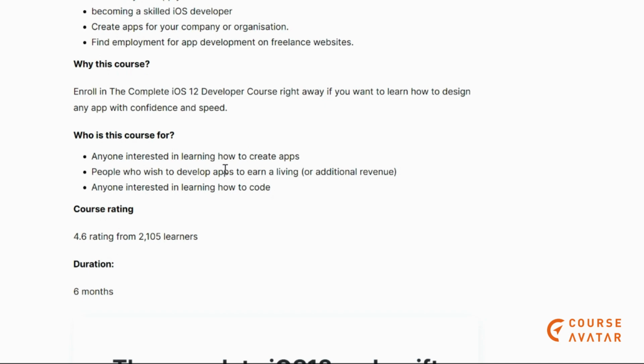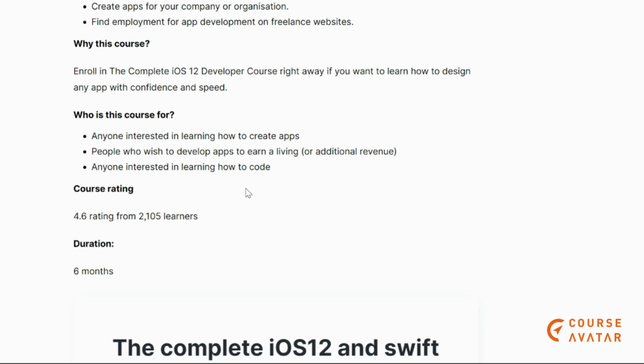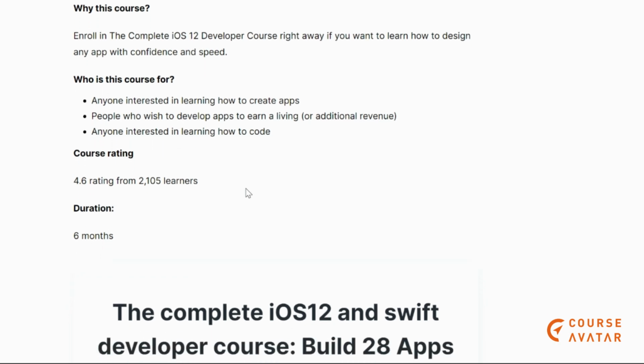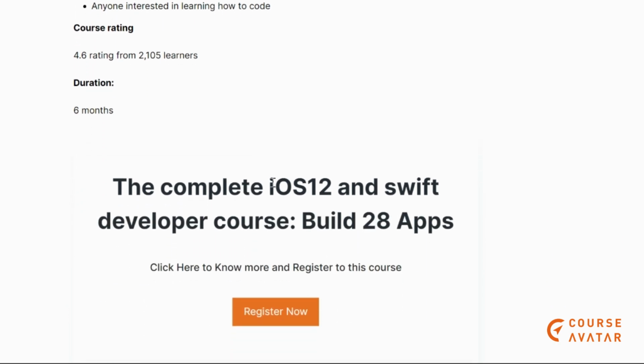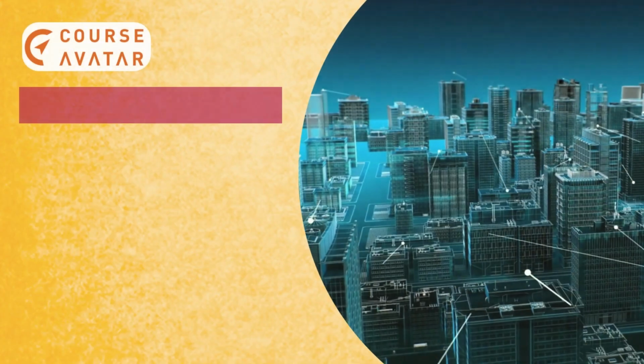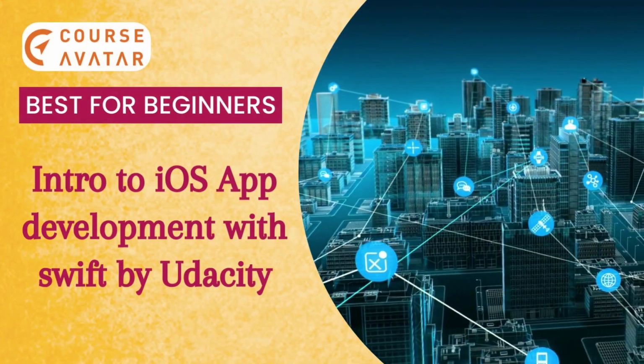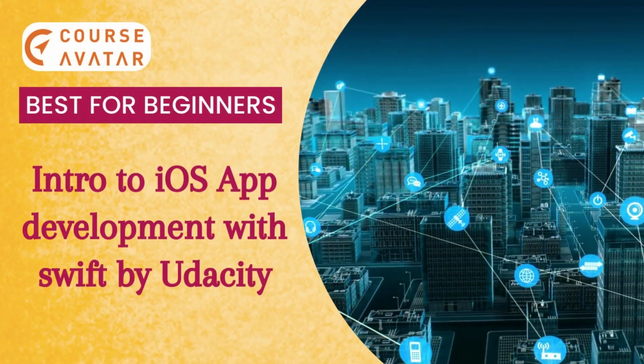This course is for anyone interested in learning to create apps, or people who wish to develop apps to earn a living, as additional revenue, or as a hobby. They should definitely go for this course. Go and check out.